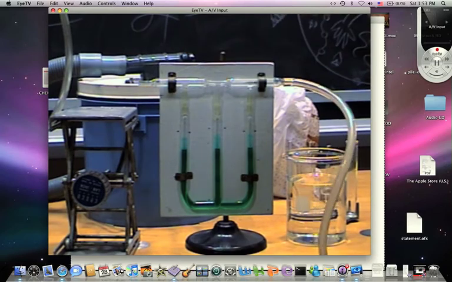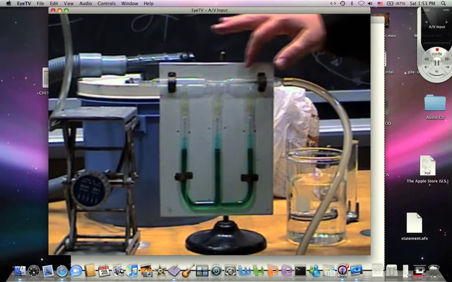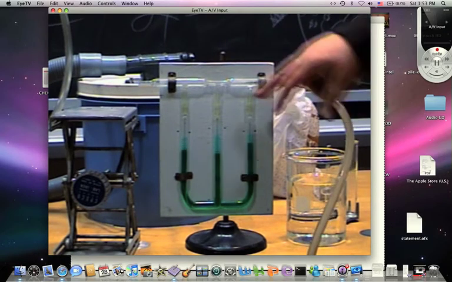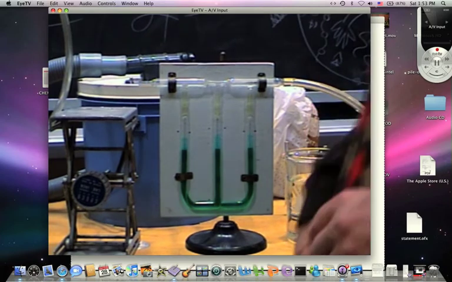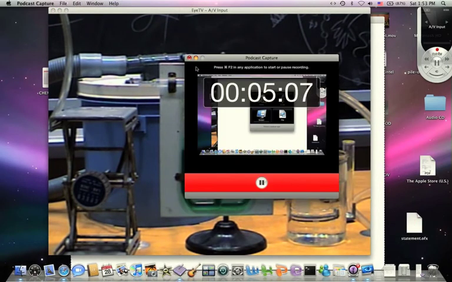If I blow through it, the air going through the pipe on top has to go faster because it's going through this constriction. When it does, the pressure inside that constriction has to decrease.